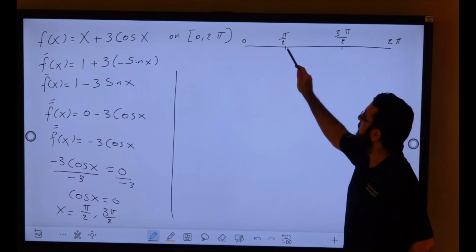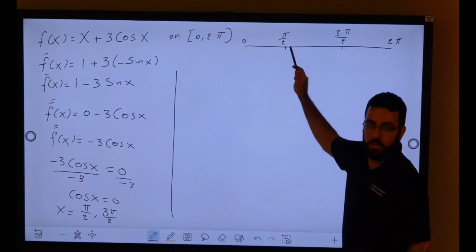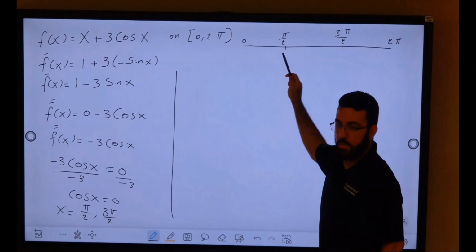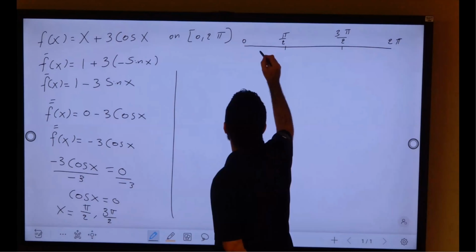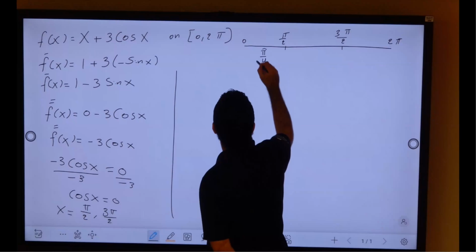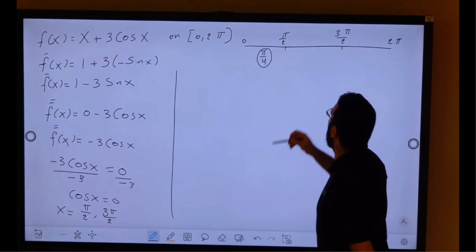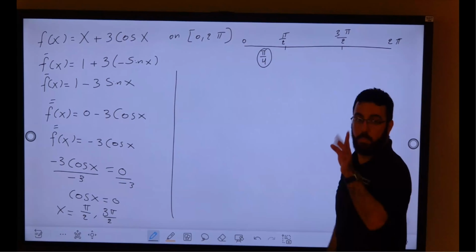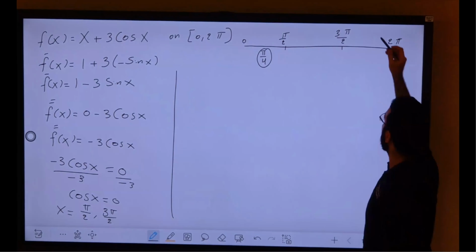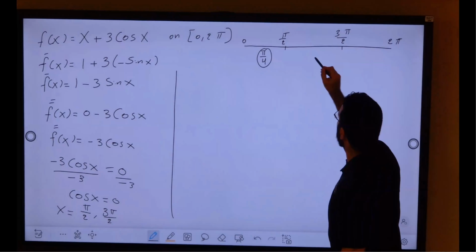Now I need an angle less than 90. That's 45, which is pi over 4. So here's my first test point. Now, between pi over 2 and 3 pi over 2, you can choose pi.